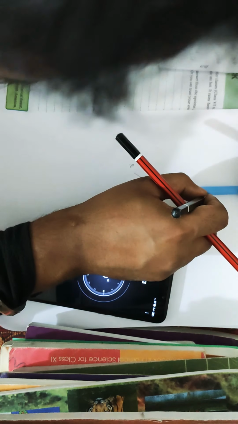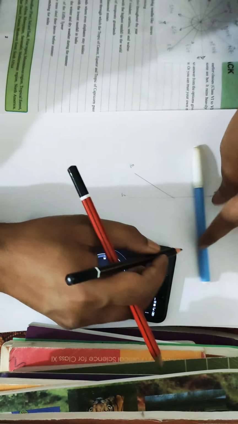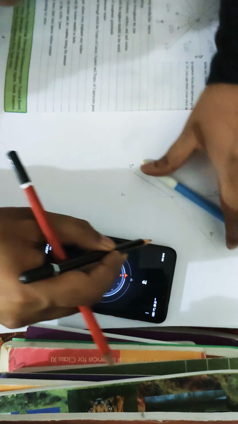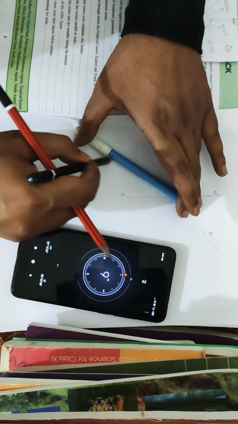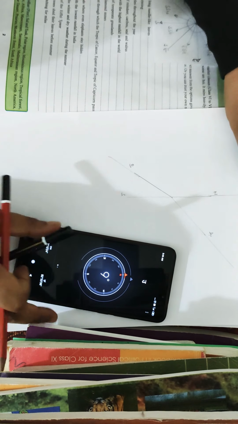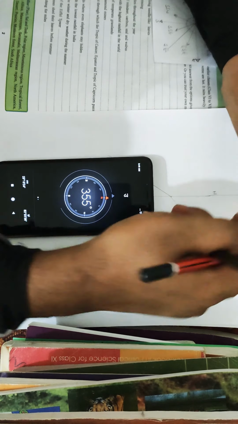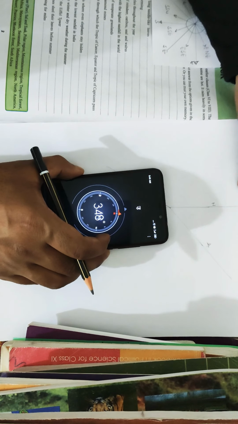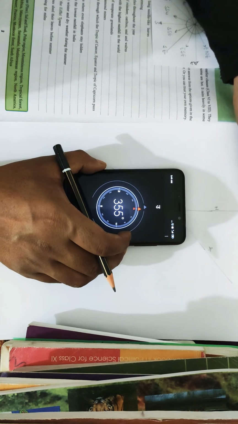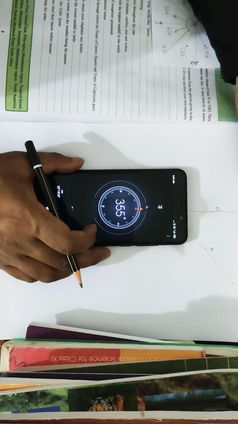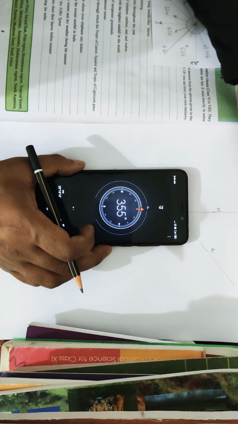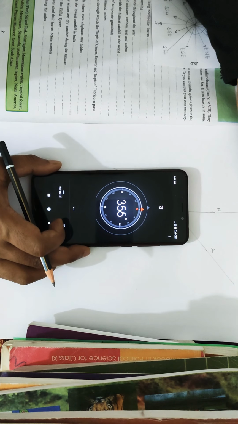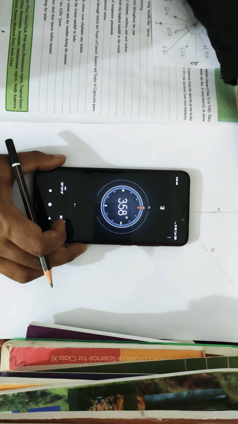Suppose now we have to find out the direction angle of this A. Okay, so what we have learned: first we will set the compass north to 0 degree. Here in the compass it is 355, I am moving it to the right.